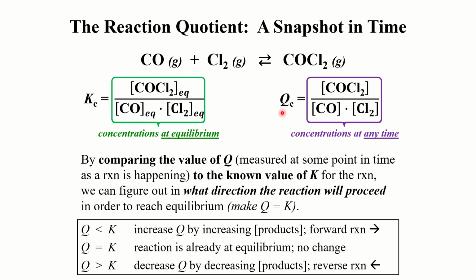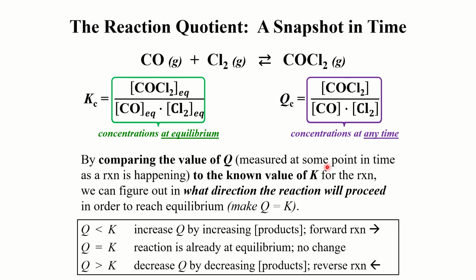And if I want to make Q bigger, I should make the number on top bigger, or make the numbers on the bottom smaller, or both. Both would work. So if I need to make the number on top bigger, I need more products. Or if I'm trying to make the numbers on the bottom smaller, I need less reactant.